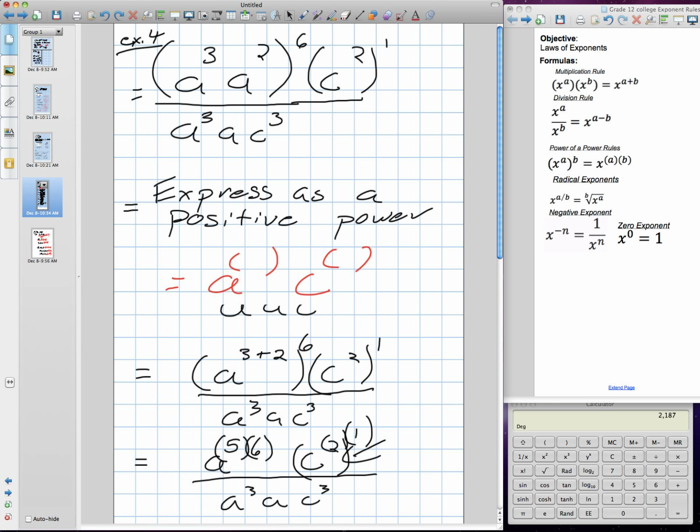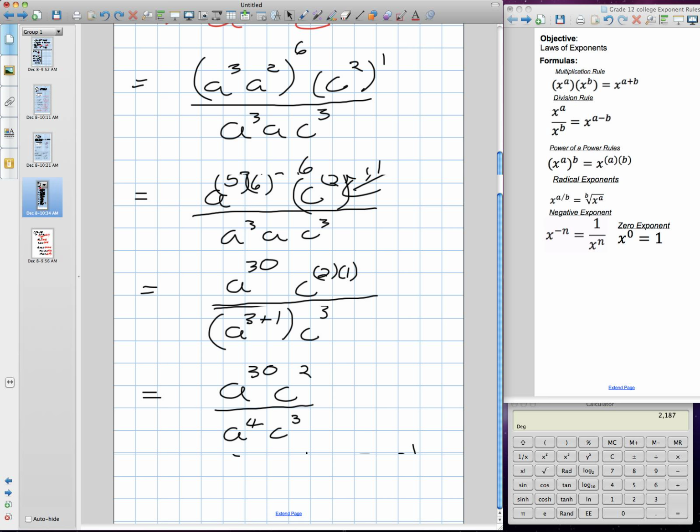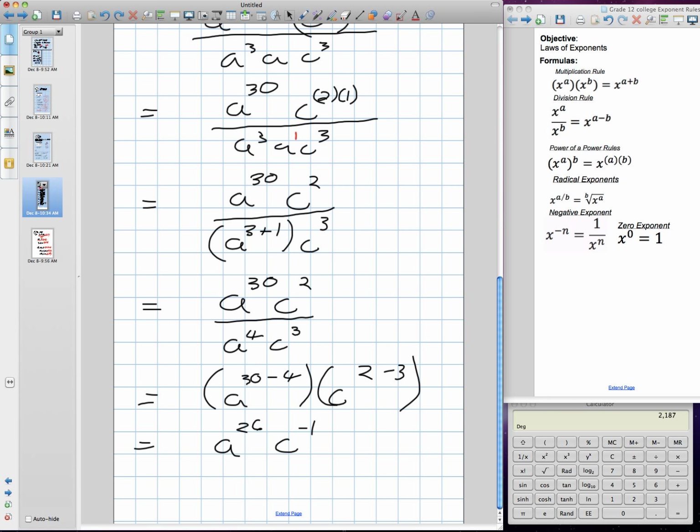So, we've got to go into our negative exponent rule. Go way down to the bottom. Technically, this is a negative exponent. I want you to express it as a positive. If you remember our rule here, we can change a negative exponent into a positive exponent if we change it into the reciprocal, or we flip the base.